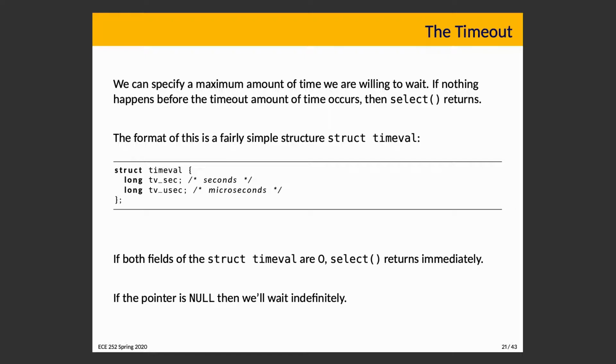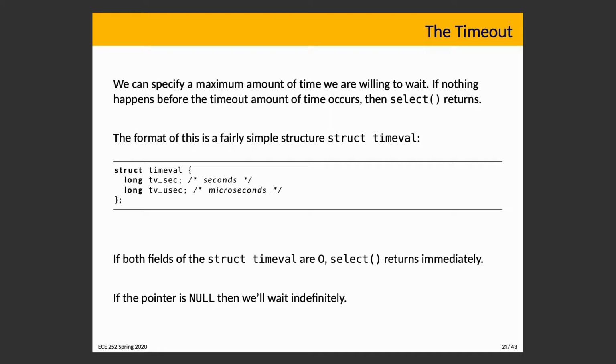If you provide a struct timeval where both fields are 0, select returns immediately. So if there was data available on the sockets, it will tell you that. If not, it says, nope, nothing is ready right now, and you've reached the timeout instantly. Otherwise, it waits for up to the specified amount of time.